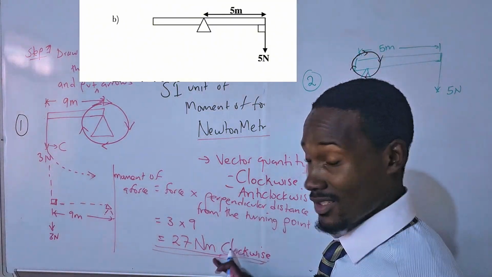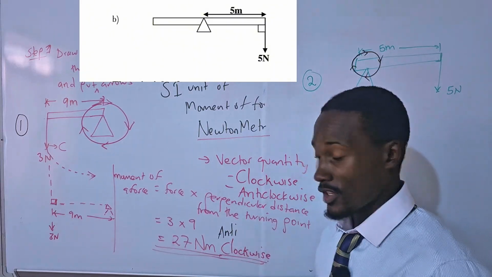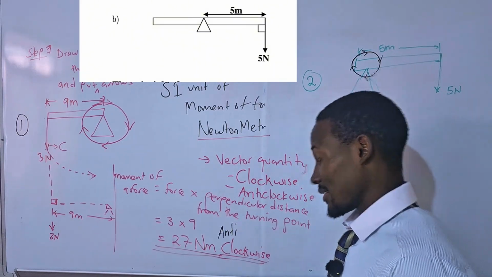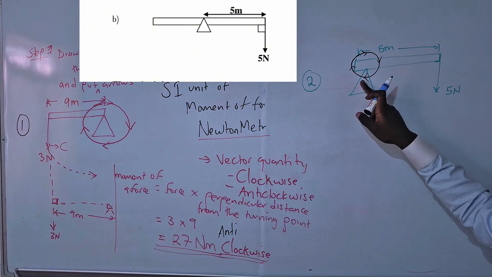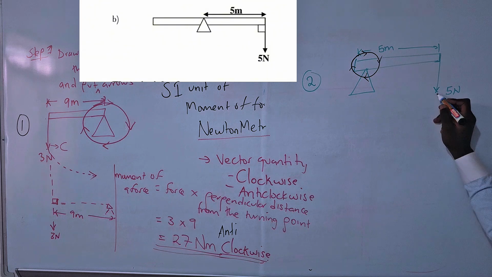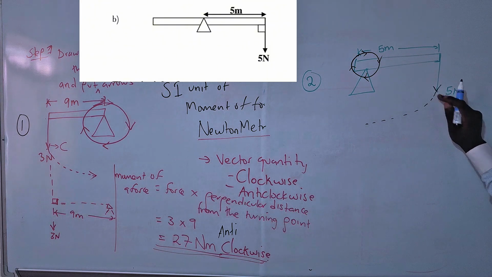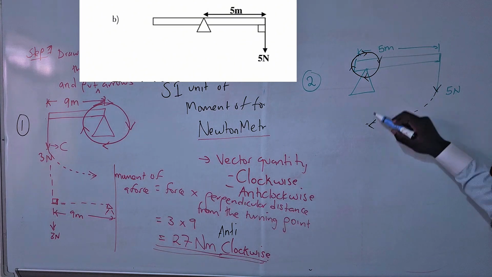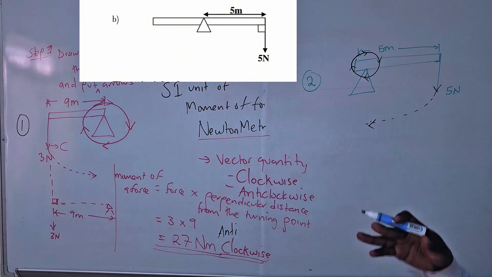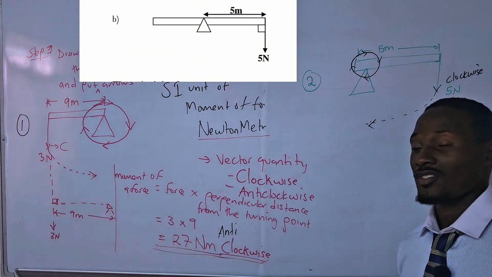Example 1, this was anti-clockwise. Please adjust that accordingly. So we get this force and we bend it towards the turning point. Just a slight bend. Look at this arrow here. You also put it here. Same direction. Compare. The arrows are in the same direction. So this is going to be a clockwise force.